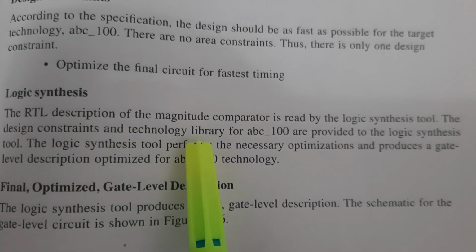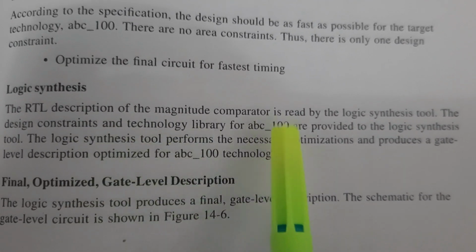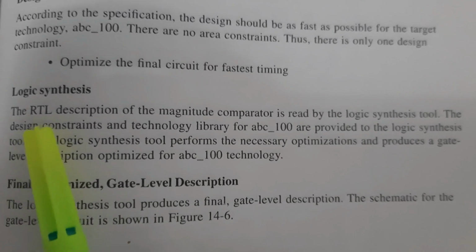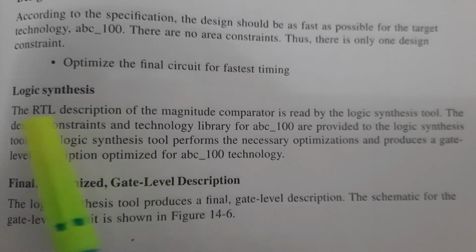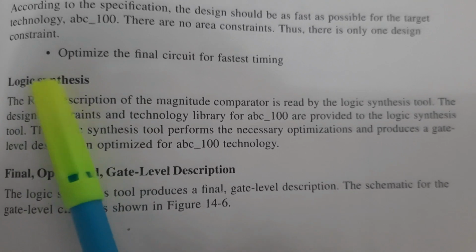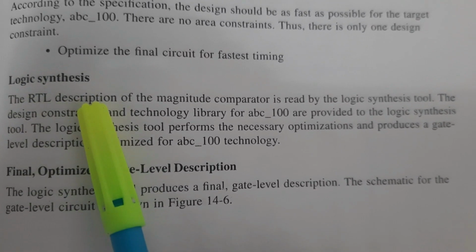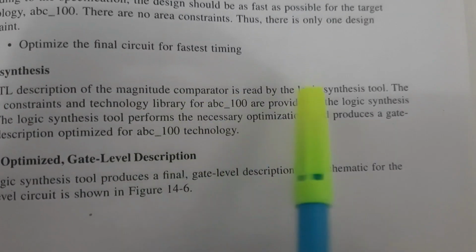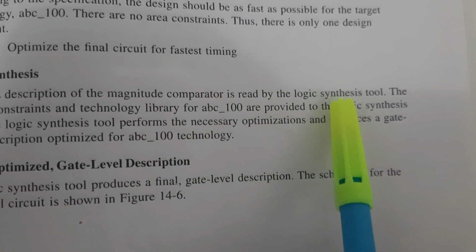The next level, after completion of this code in data flow, is that we have to synthesize the written code. The step here is logic synthesis. In this step we are using RTL. This RTL description we synthesize using a logic synthesis tool.